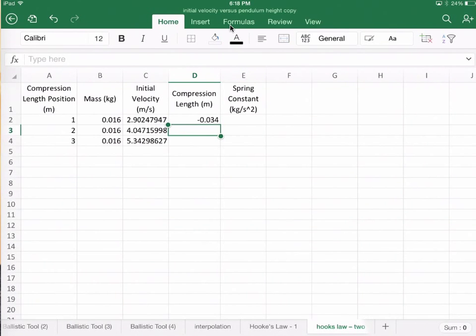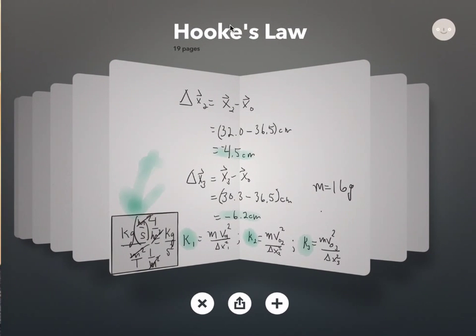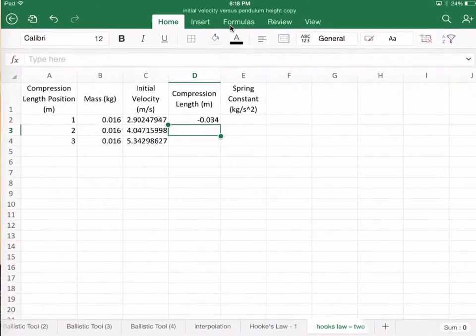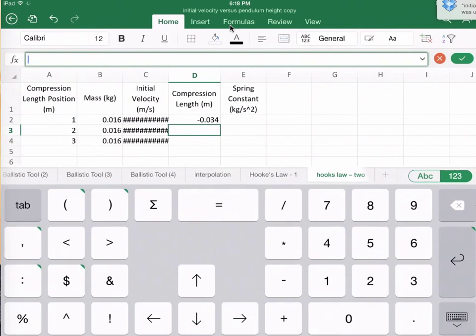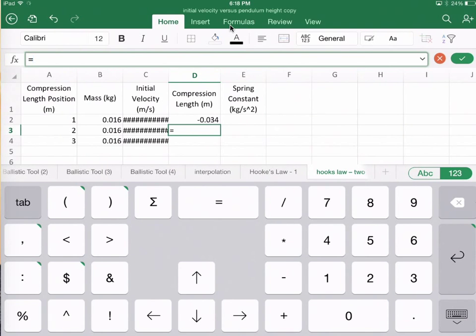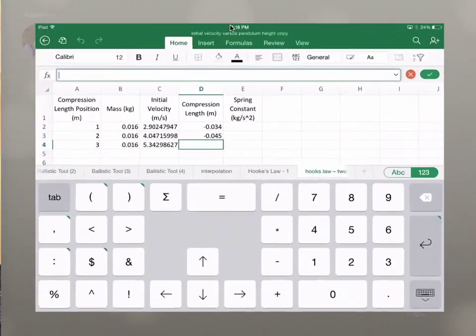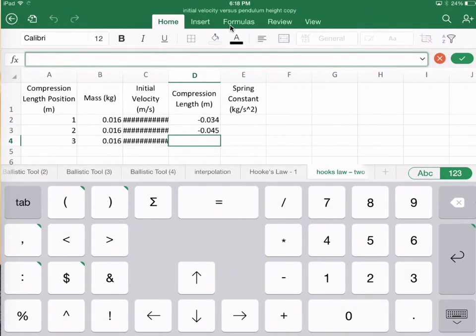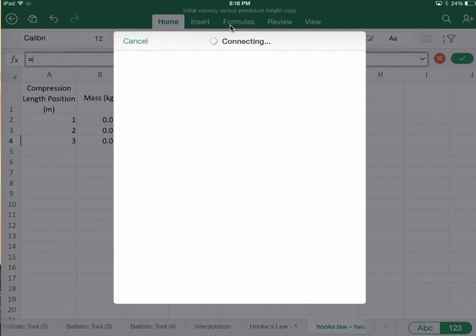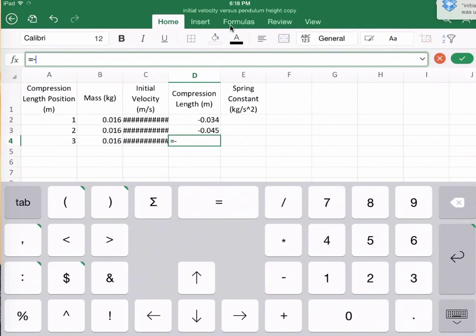The next one is negative 4.5 centimeters, which is negative 4.5 divided by 100. And the last one is negative 6.2 centimeters, negative 6.2 divided by 100.